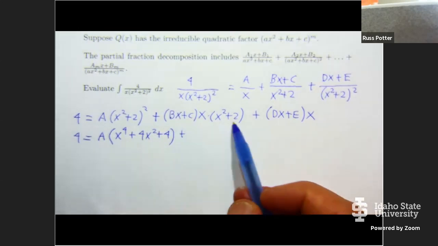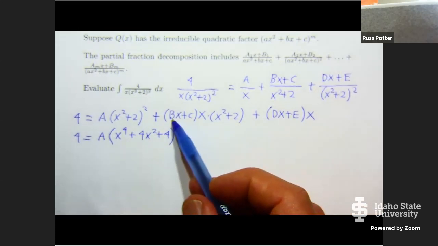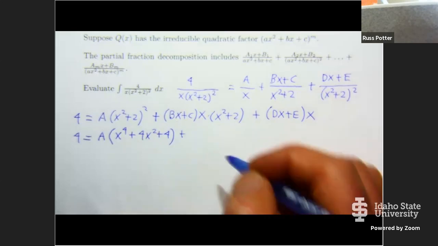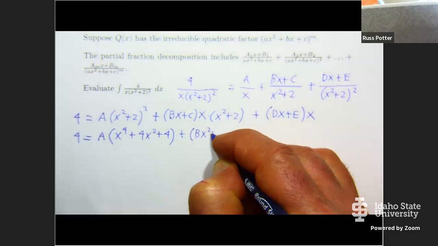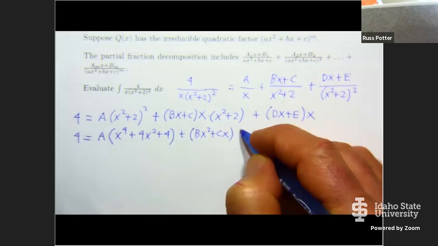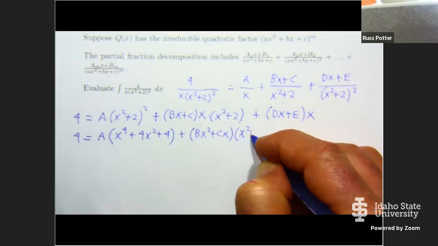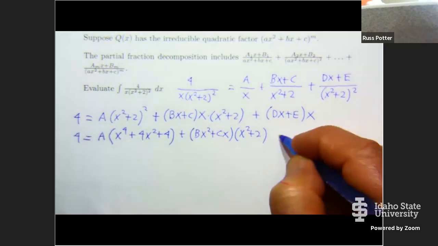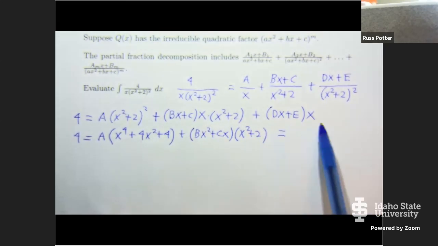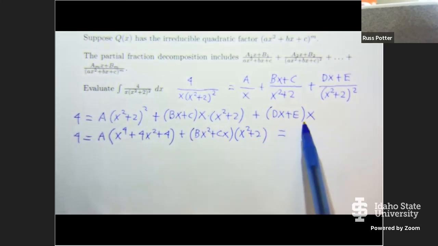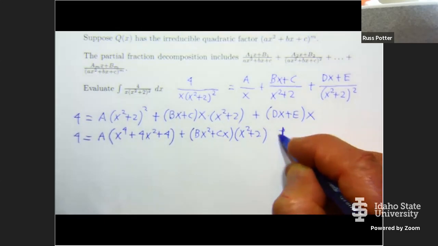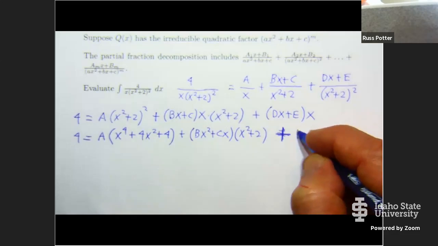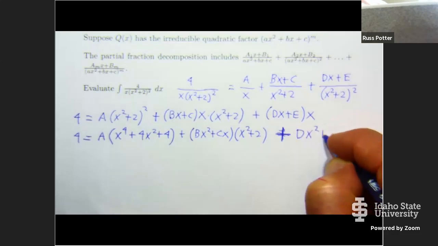So in this next step, I'll just multiply Bx plus C times x and write it as Bx squared plus Cx times x squared plus 2. And then on the right, multiply Dx plus E times x. Whoops, this should be a plus sign. Plus Dx squared plus Ex.